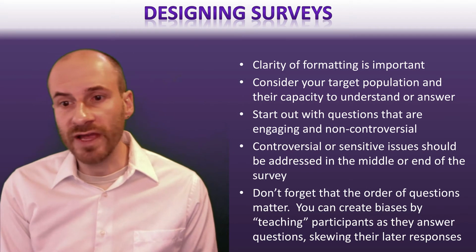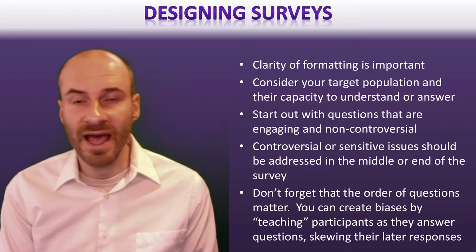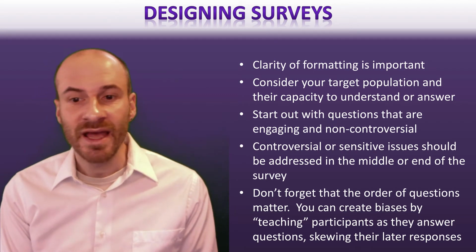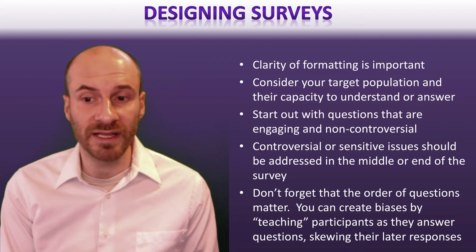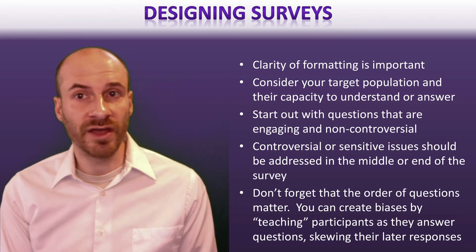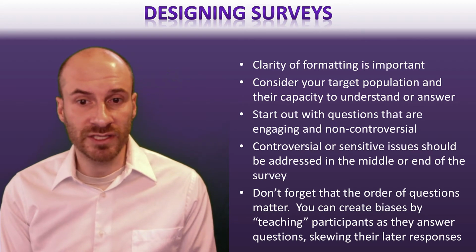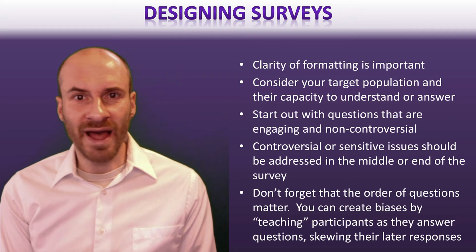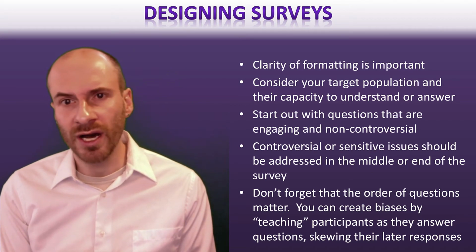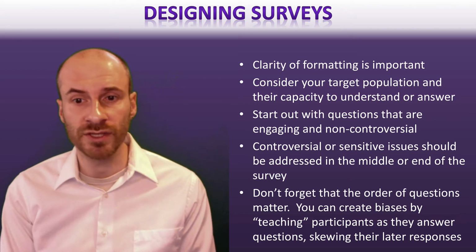When you're designing a survey, it's a good idea to start off with questions that are actually more interesting and less controversial, right? If they're more interesting, people are more likely to engage with it and get excited about completing the survey. If they're controversial, you worry that people are going to look at these few questions early on and say, oh, I don't know that I want to answer this, this is hard, or I don't know if I want to share this information, and they just won't respond to the survey.